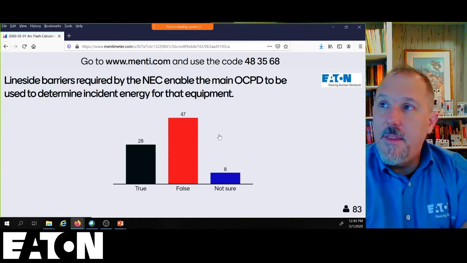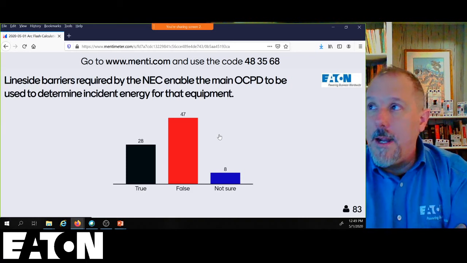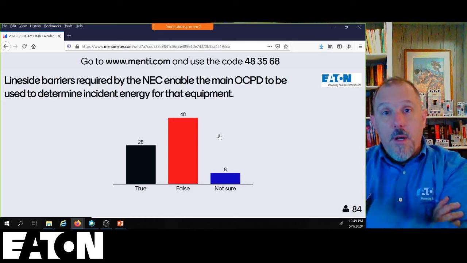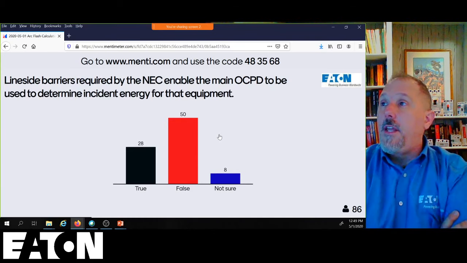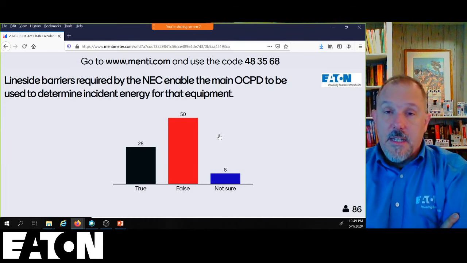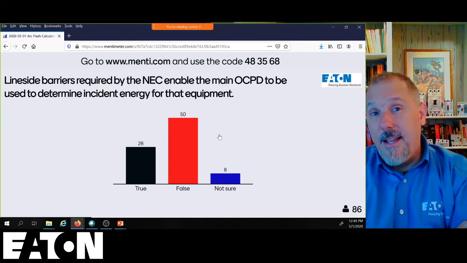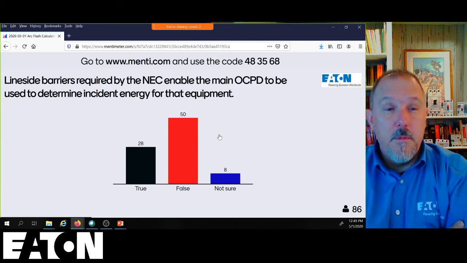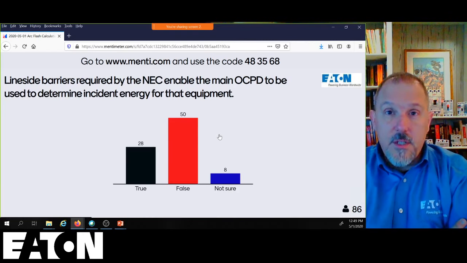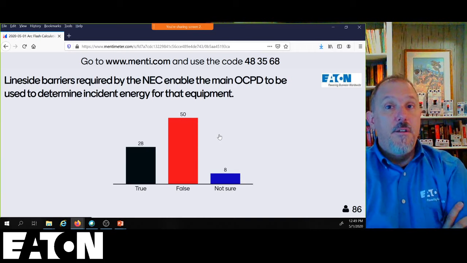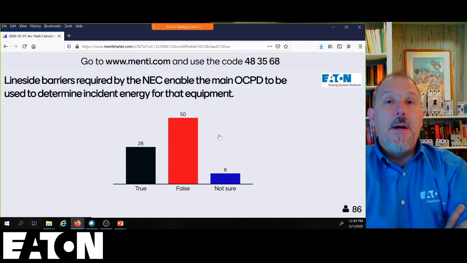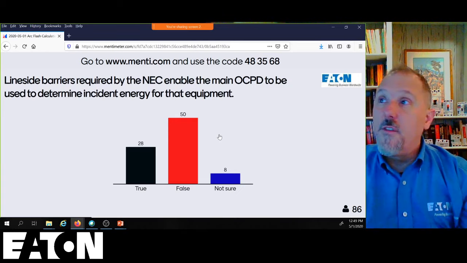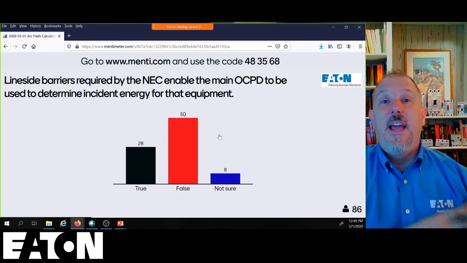If you think about the line side barriers that were required in Article 230 now for services, which was in 408.3, it's now in 230. For all service equipment, you have to have a line side barrier. That barrier is there for shock protection. Now, I could make an argument that it reduces the likelihood of an arc flash event, but you can't count on that, for the same reason as the discussion we just had.